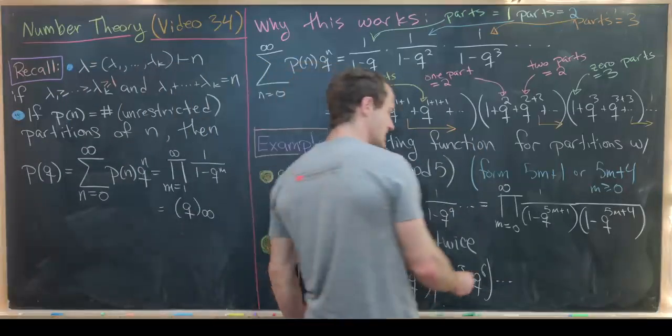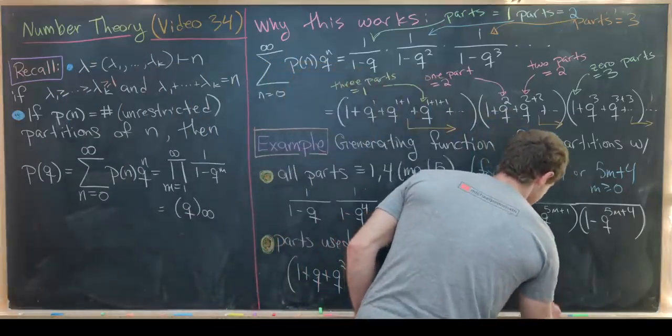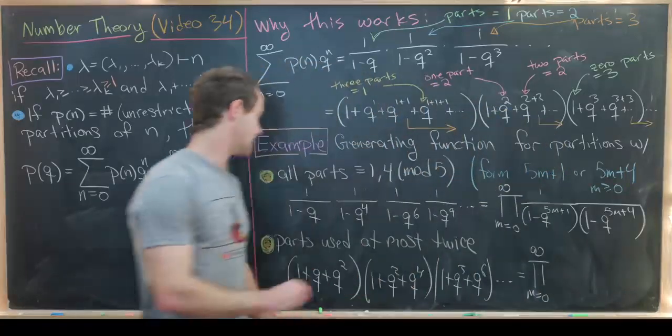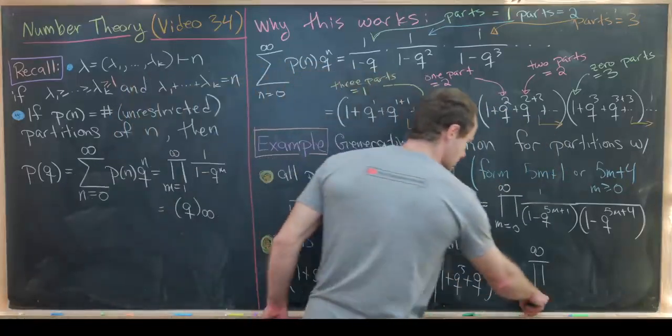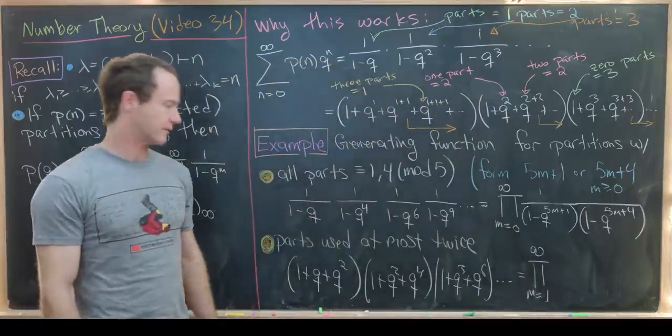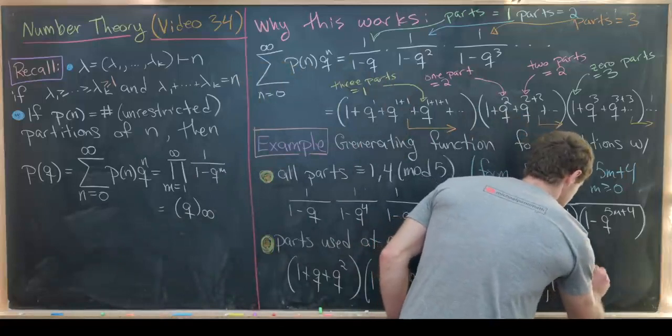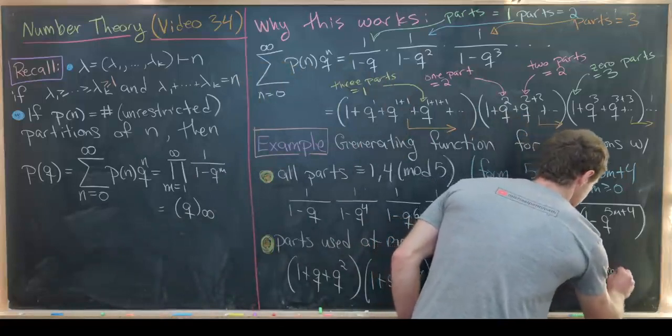Okay, well, we could write that with a product notation as the product as m goes from 0 up to infinity of, or maybe we should go from 1 up to infinity in this case. I think it'll be written down a little bit nicer. Then we'll have 1 plus q to the m plus q to the 2m.